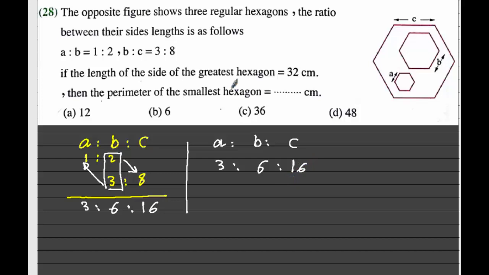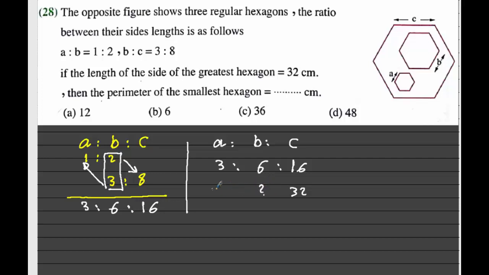But the length of the side of the greatest hexagon is 32, which means C equals 32. So I substitute C equals 32. And now we can calculate the side length of the medium hexagon and the smaller one.